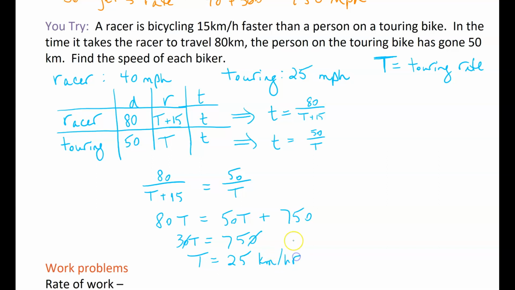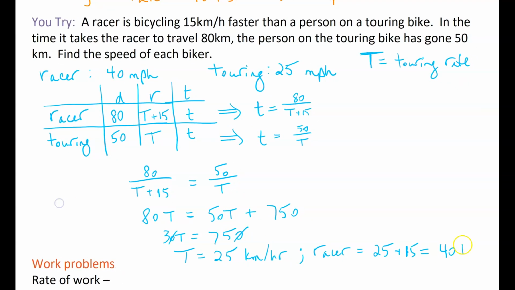And so again, for the racer, we would do the 25 plus the 15 to give us 40 kilometers per hour.